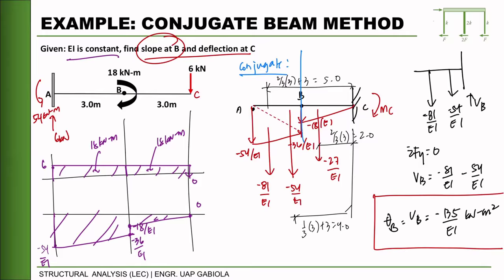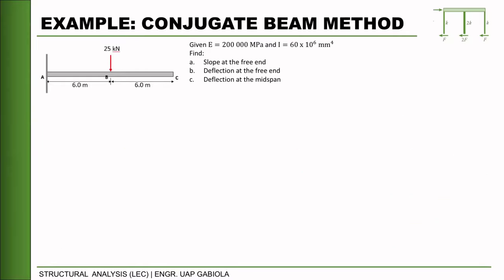Then our last example for the area moment, and we will also calculate it here. So it's the same, but right now we have the values of E and I, so that's good. So for our support reaction, we have 25 kilonewton, and then we have here 25 times 6, that is 150 kilonewton meter.